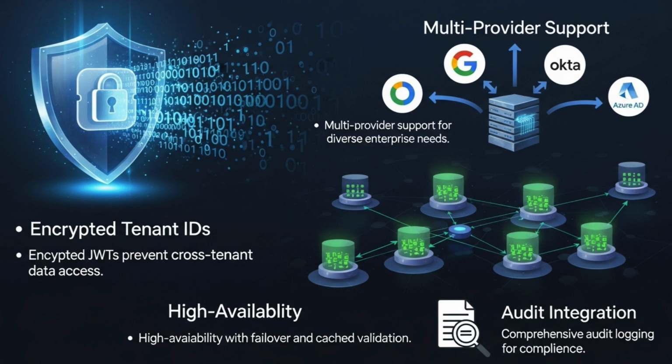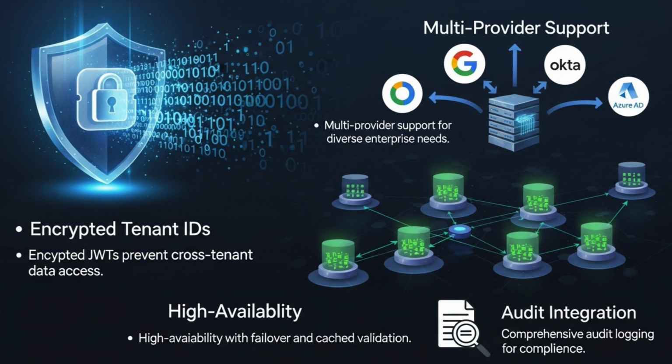SAML assertions from enterprise providers often carry additional security context, like device compliance, which your system should enforce. In the real world, enterprise customers use diverse identity systems. Your SSO solution must offer multi-provider support, handling Google for developers, Okta for business users, and Azure AD for administrators, all automatically.